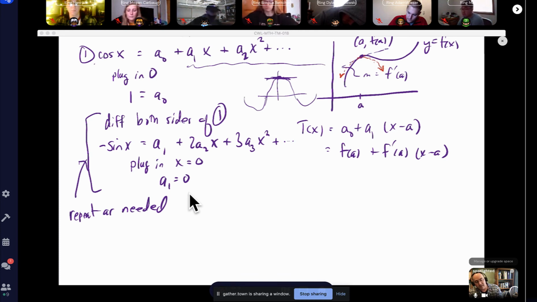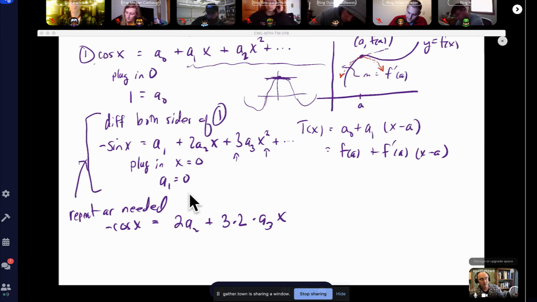So if I differentiate again, I get minus cosine x equals 2a2 plus 3 times 2 times a3 times x. So I had a 3 here from before. Bring down the 2 from differentiating, plus 4 times 3 times a4 x squared, and so on.